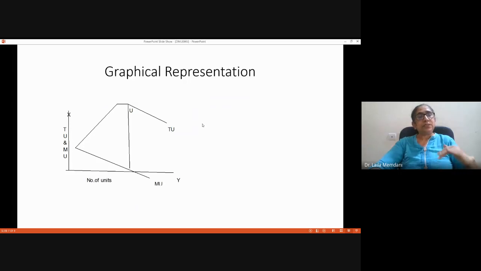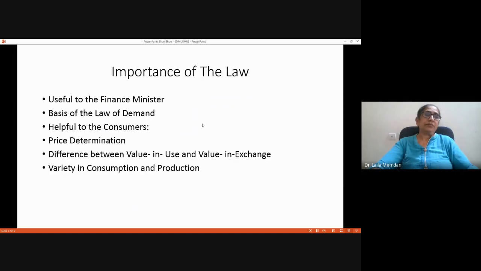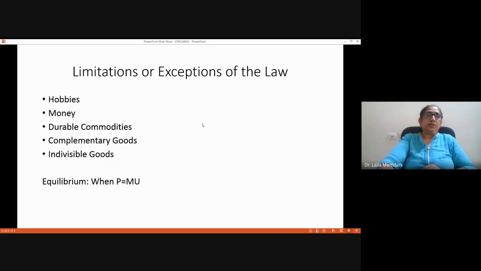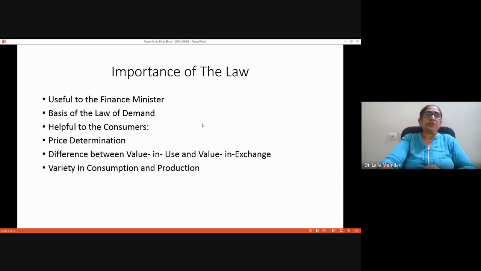Now coming to the importance of the law, yeah, before going to the importance of the law, the question is, what is the equilibrium of the consumer? When does the consumer reach equilibrium? The consumer reaches equilibrium when the price is equal to marginal utility.